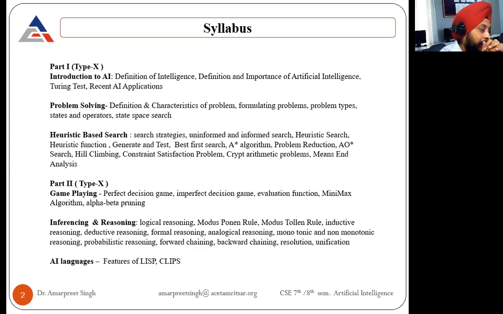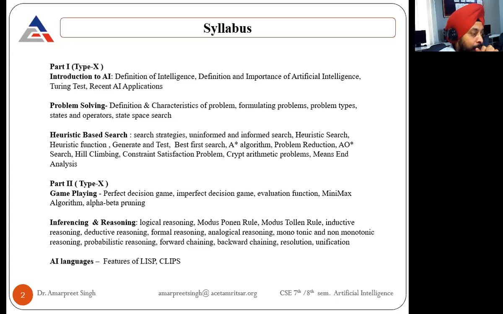Your game can lie in one of the categories, whether it is a perfect decision game or an imperfect decision game. Then we will study the different evaluation functions included in gaming. Then a very important algorithm of game playing is the minimax algorithm. Very important.